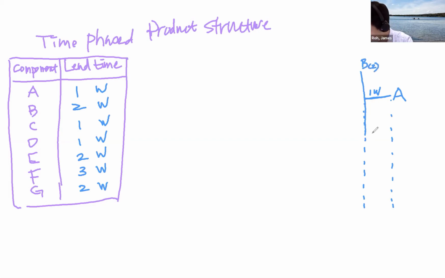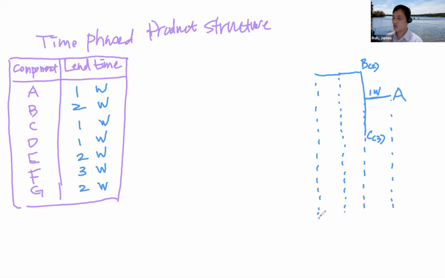And then C is subscript 3. And we learned that B takes 2 weeks, right? Here in this time-based product structure, the lead time says it takes 2 weeks. So I'm going to draw 2 lines, 1 week, and then another week, 2 weeks. So that's what I learned. And then C, it takes 1 week. So I need to draw 1 line, and that's 1 week.